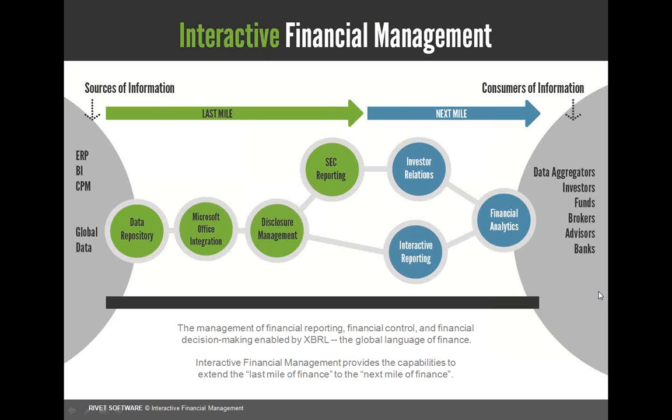I would say a couple of the key differentiators for Rivet's product and how we fit into this interactive financial management market are the link into the underlying data, the data repository, Microsoft Office integration, and utilizing those tools that we feel are very valuable within this process, leveraging all the capabilities that those tools already have.